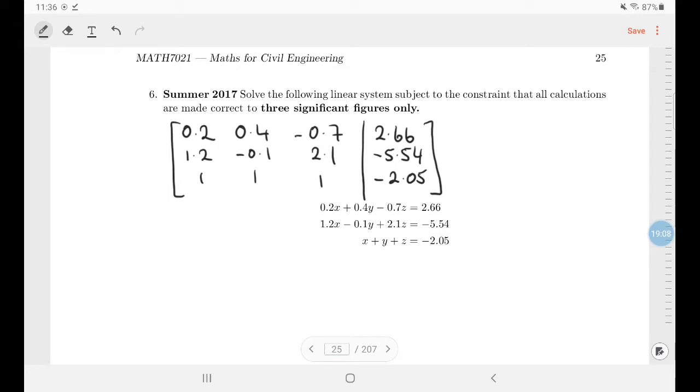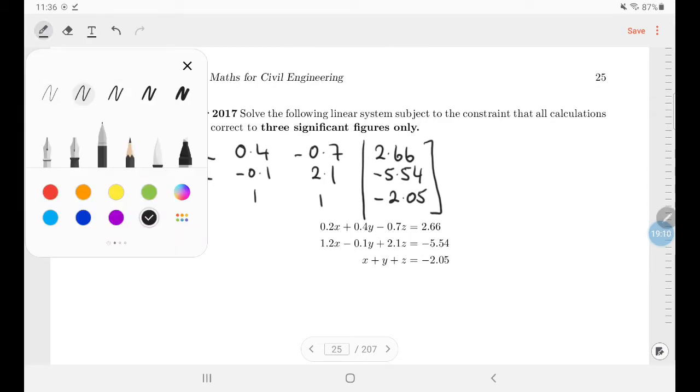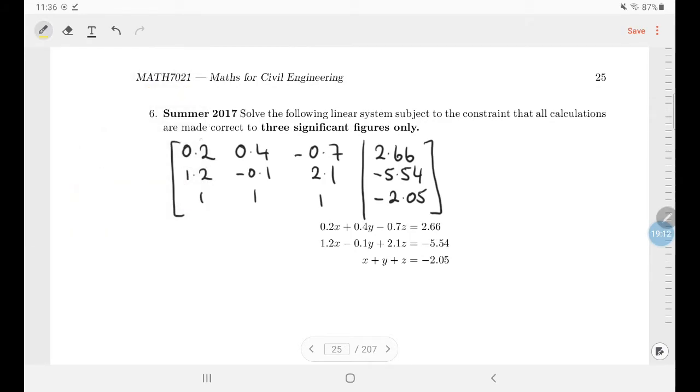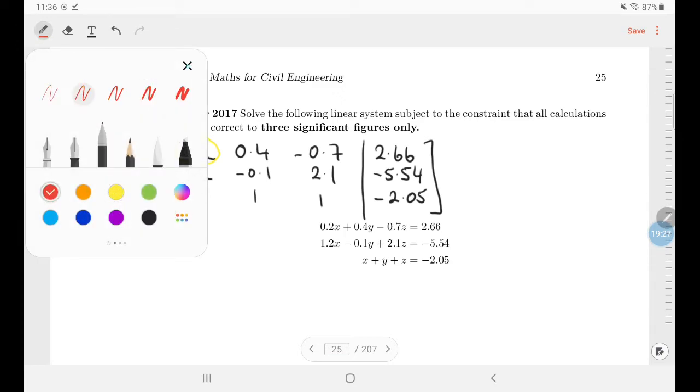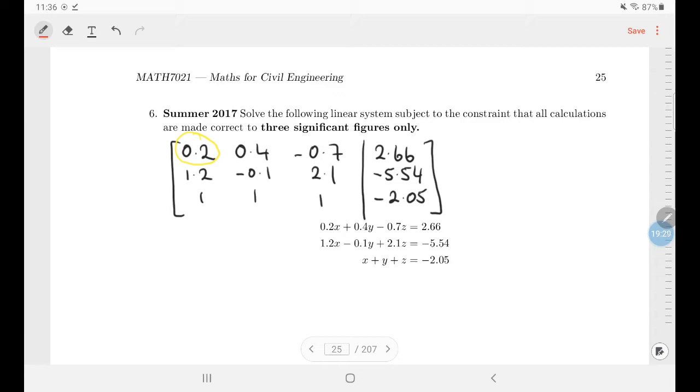So what we want to do with this is turn whatever is up here into a 1. If you're doing exact arithmetic, you can just divide by 0.2, but what we showed last week is that when you're rounding, you want to avoid dividing by a small number. So instead we're going to change things around so that we're dividing by the biggest possible number, which should be 1.2.